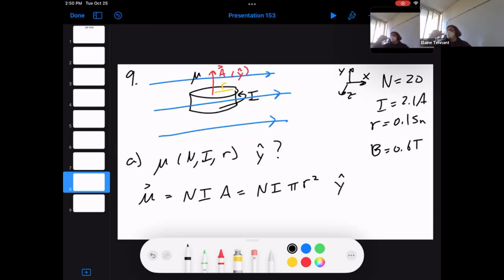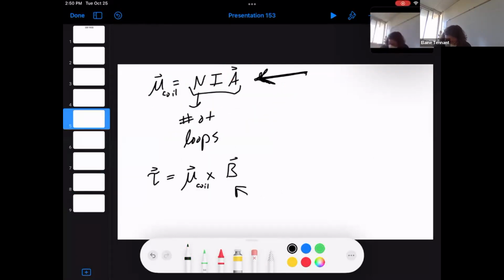Exactly right. Make sense? Okay. So we are expecting to see a spin like that. Good. Now let's figure out how to calculate that.